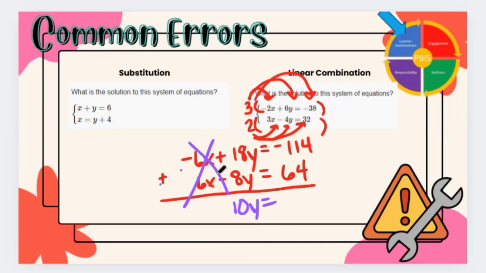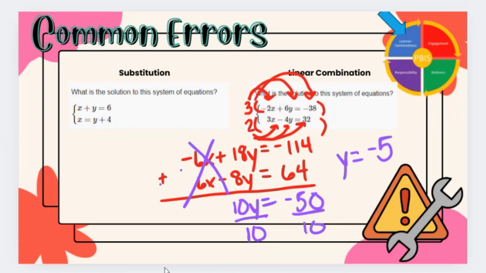And that gets me negative 50. Now I do my inverse operations. And I get y equals negative 5.